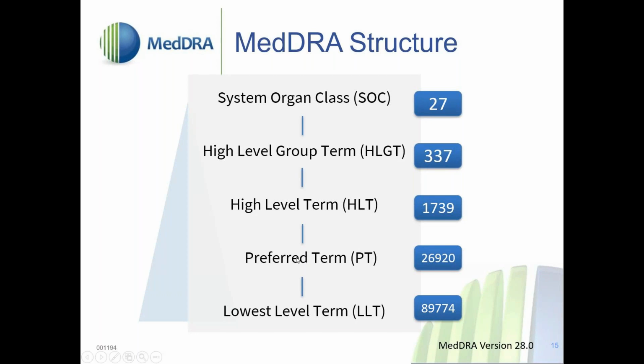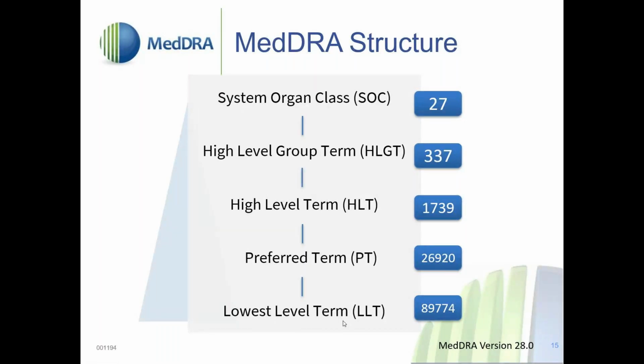Under the HLTs, you will find the preferred terms, the PTs, representing the medical concept level. The PT level is used for data retrieval, for data presentation, and for data analysis. And the PTs then group the LLTs, the lowest level terms, that are used for data entry and operational coding.